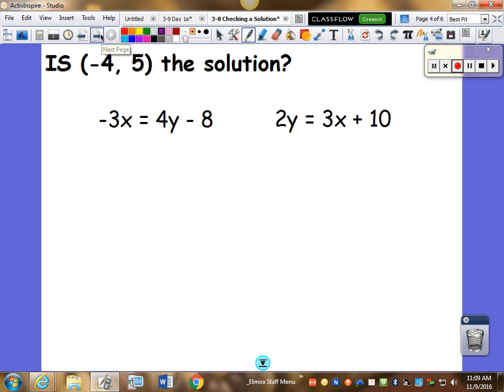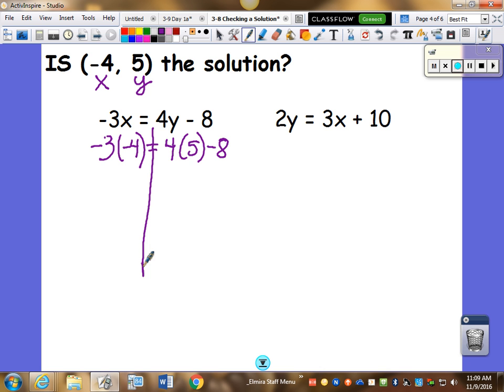Next one. Here again, I'm really encouraging you to label x and y. Okay, sub in -3 times -4, then the equal sign, 4 times 5 minus 8. Then draw a T, a line down through the equal sign and a cross.